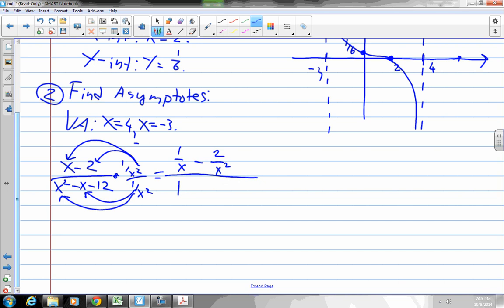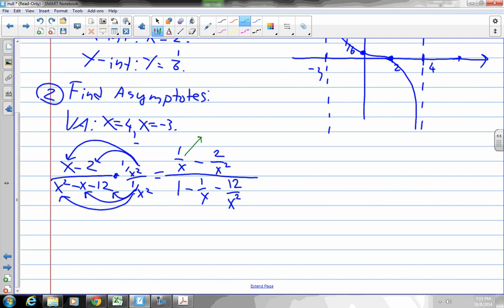Negative x times 1 over x squared gives me -1 over x. And then 12 times 1 over x squared is 12 over x squared. So basically, I am dividing each term in my function by x squared. That's what I did.